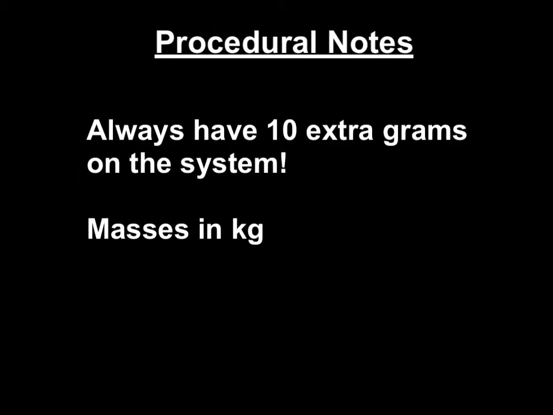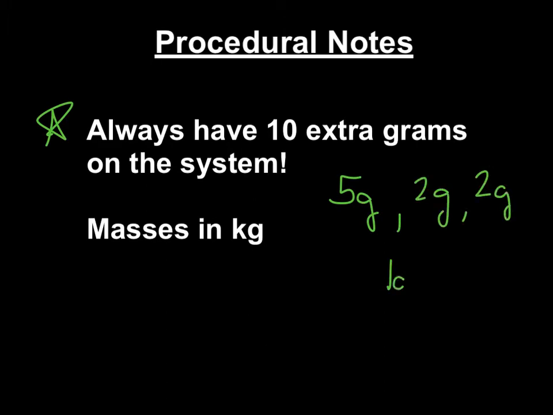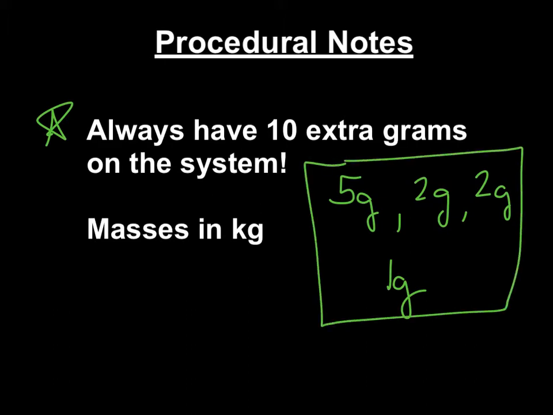Now, one thing I want to tell you: you will always have 10 grams. You have a 5 gram, a 2 gram, another 2 gram, and 1 gram. They total 10. You will always put all of these on either hanger. So the total mass will always be 10 grams extra that you've added. But what this does mean is you'll start off with 10 grams and then 0.